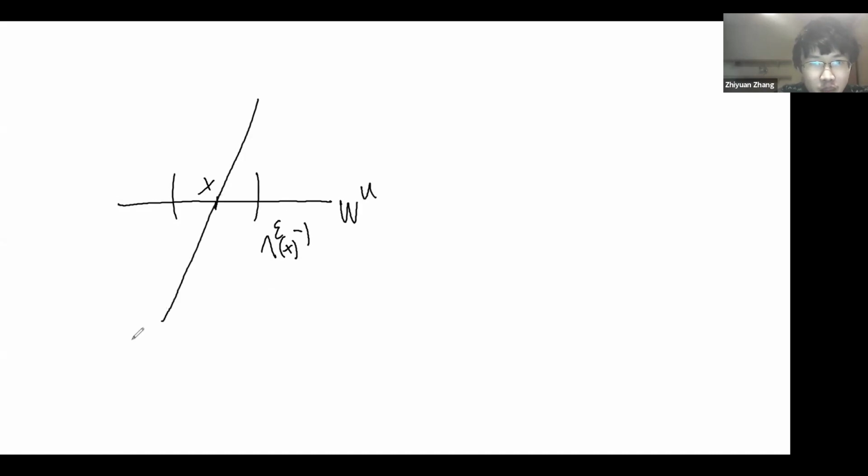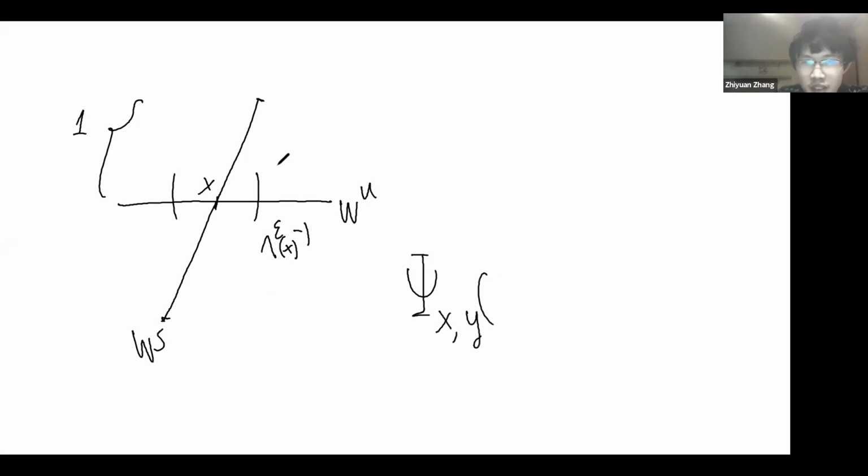Then on the stable, you consider a constant piece, maybe of size 1. And then you consider a function like x, y, z, where y and z are all real numbers.